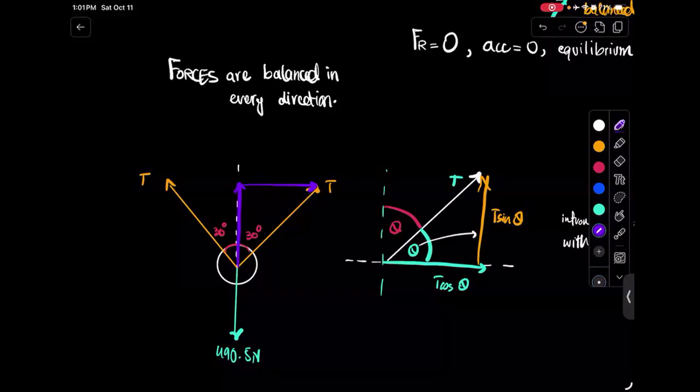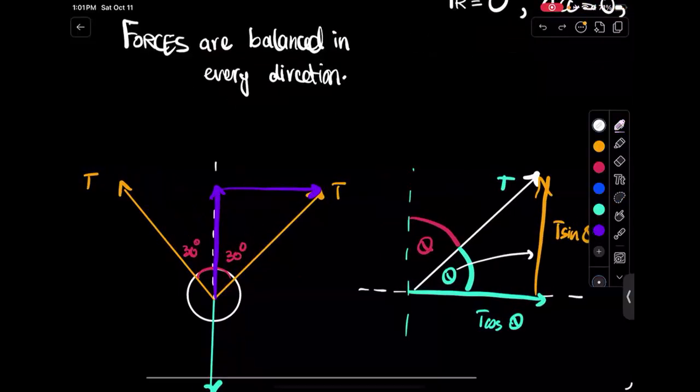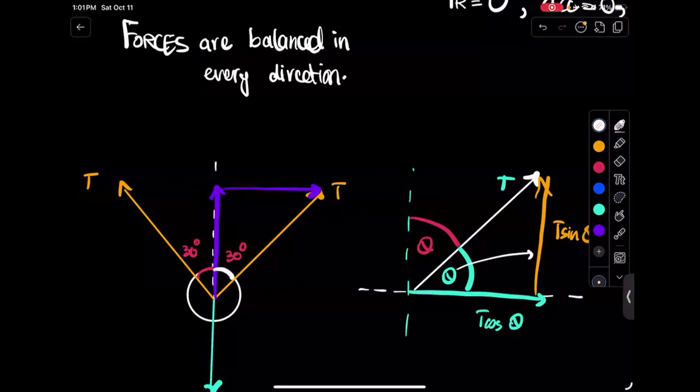I can draw it either way, it's up to me. Now, do you see that the angle is actually over here? So in front of the angle, that is going to be T sine 30. So in this case, the horizontal is my sine value. It's not always that the horizontal component is sine or always cos.